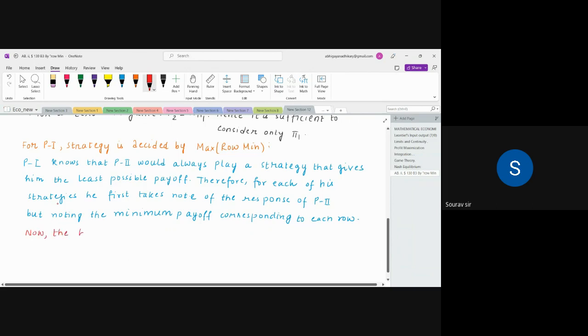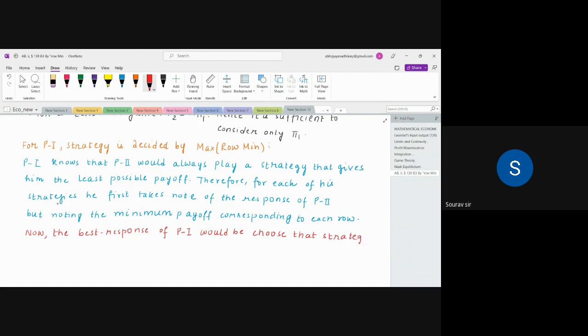Now, the best response of player 1 would be to choose that strategy that gives the highest possible payoff out of these minimums obtained earlier.